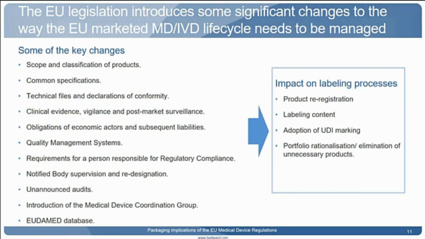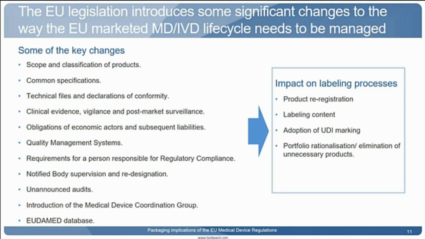So we've talked about some of the impact that the legislation will have, but there's a few other ones on this slide that I want to highlight. If we look at the left-hand side, first of all, the scope and classification of products. Class 1, class 2, class 3 will continue as was, but the requirements are changing somewhat.